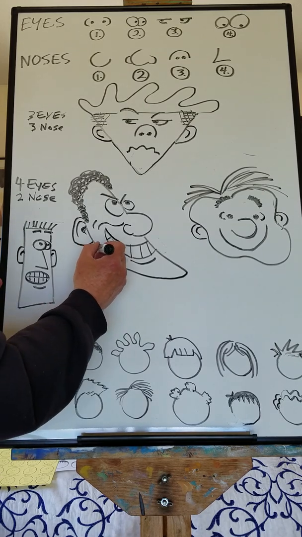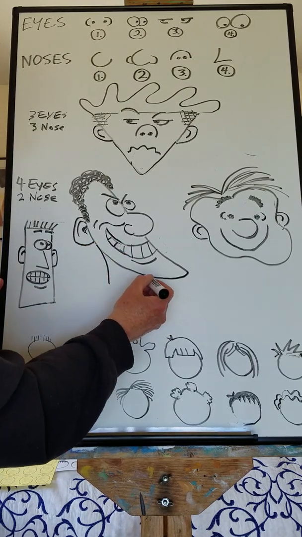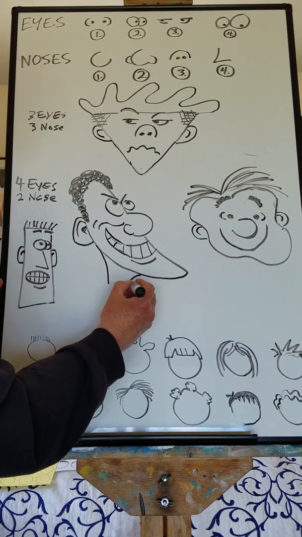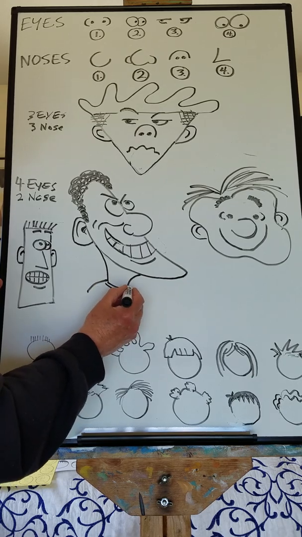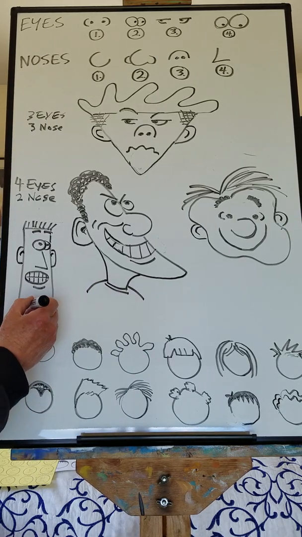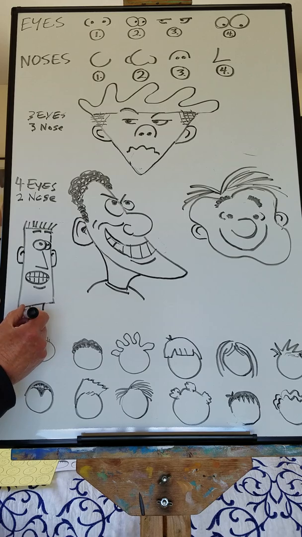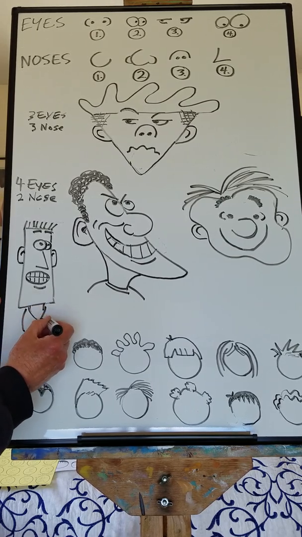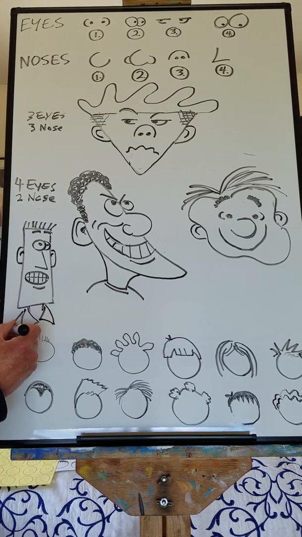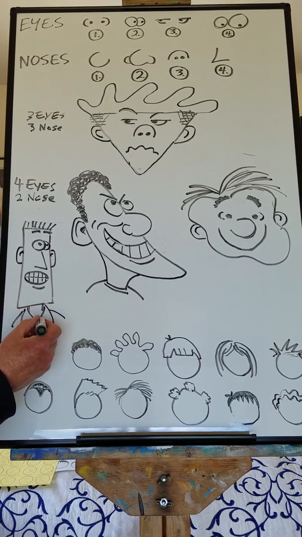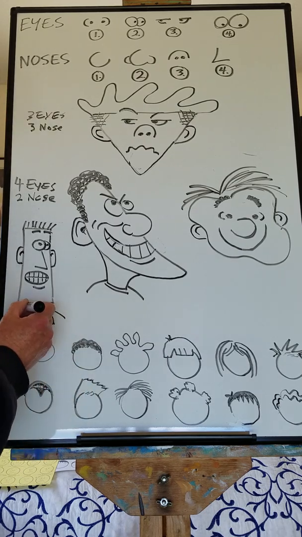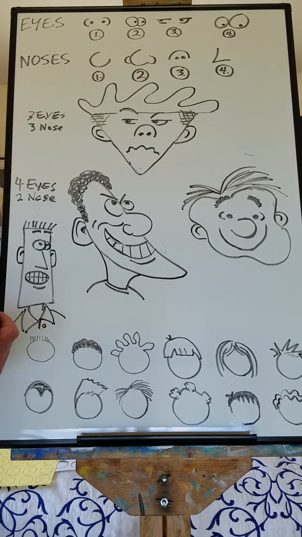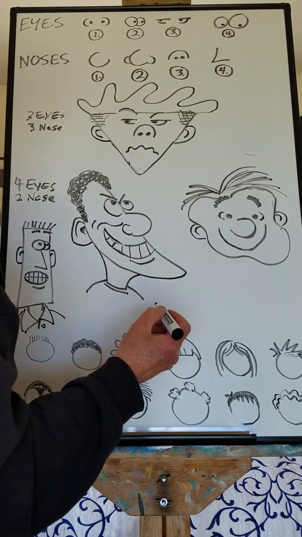And then we have the neck coming down, and all these characters. Those are his lapels. This one, he's wearing a t-shirt.